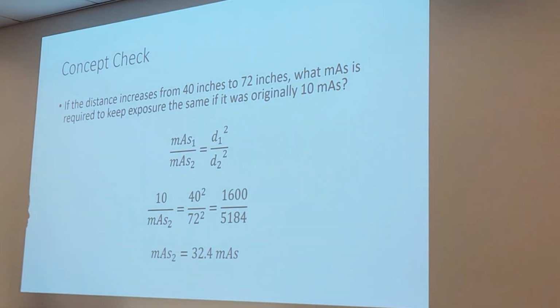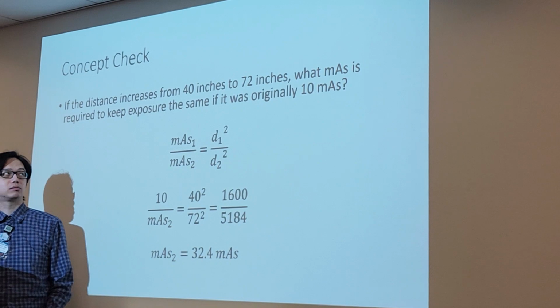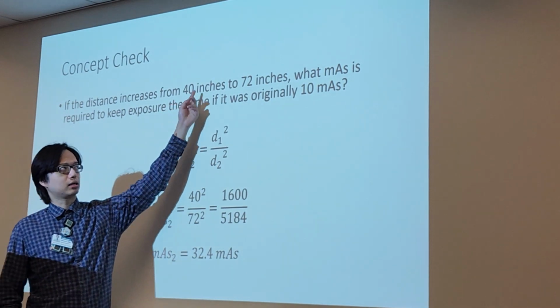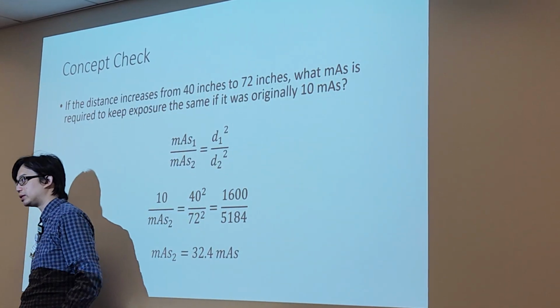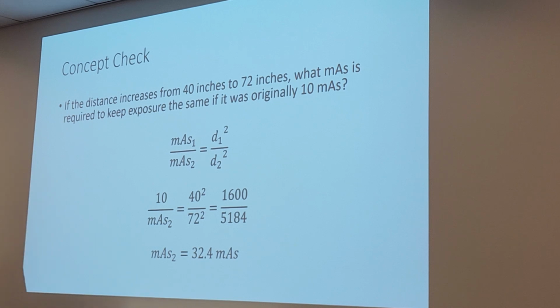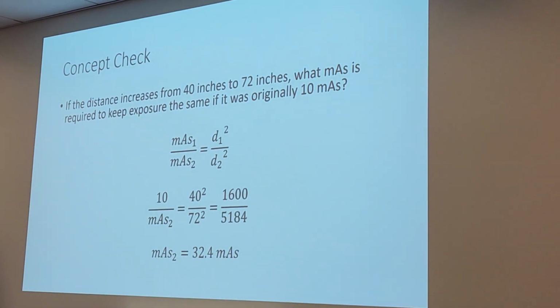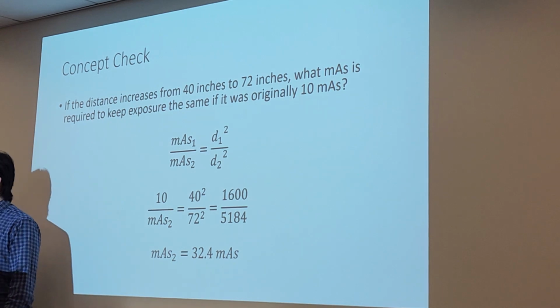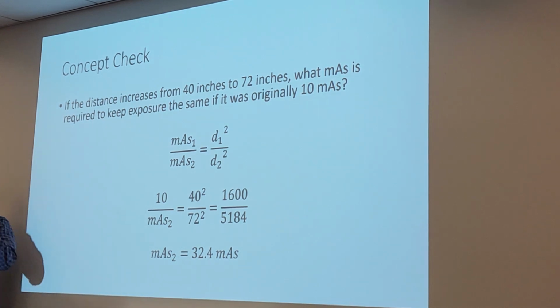So let's think about it. Does this make sense? Did our distance increase or decrease? Increased. When our distance increased, earlier we said what happened to intensity? It went down. We put a flashlight away, it gets less bright, so the intensity went down. If we want to bring the intensity back up, then what needs to happen to mass?